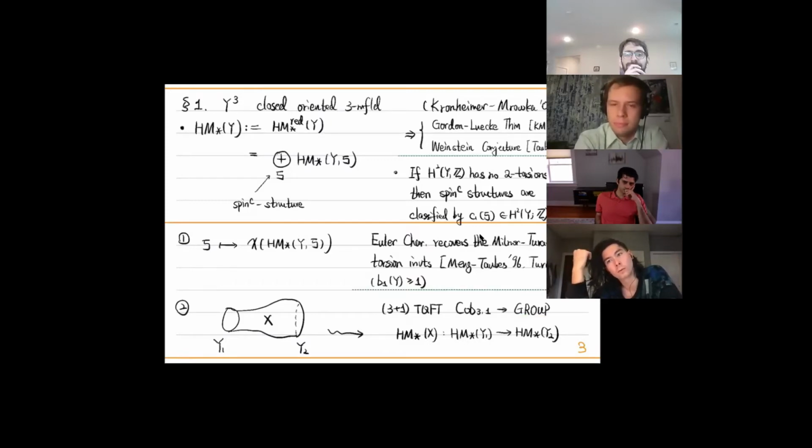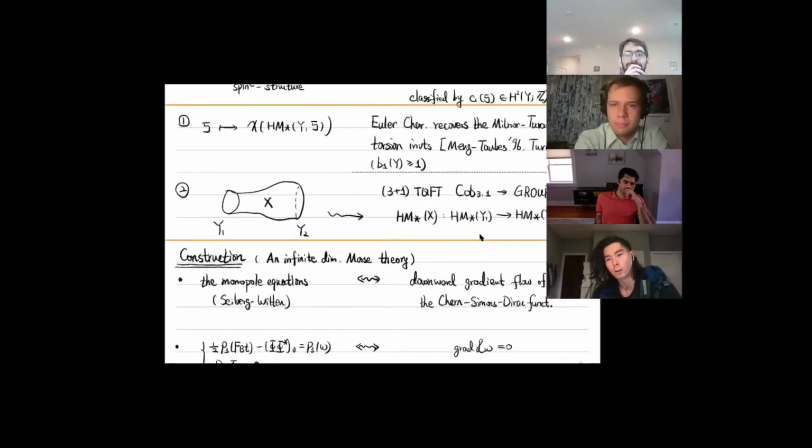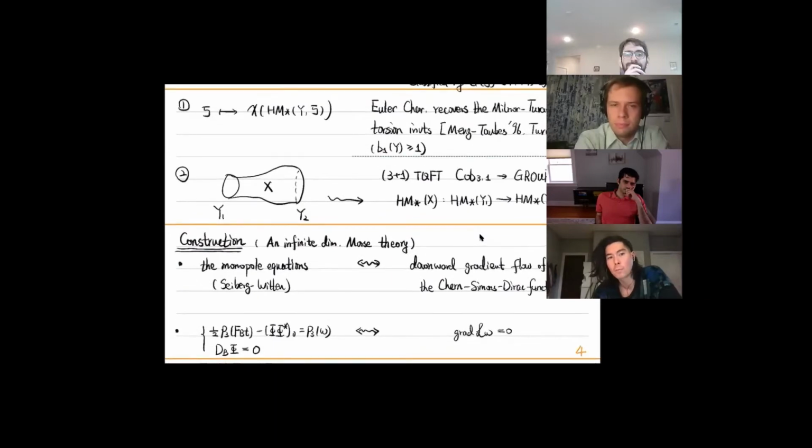But for now, let me tell you a bit more about the construction. So this Floer homology is defined as an infinite-dimensional Morse theory. In general, these monopole equations or Seiberg-Witten equations can be defined on an arbitrary Riemannian oriented four-manifold. But in our case, we'll focus on this infinite cylinder R times Y, and we pick a Riemannian metric for the three-manifold.